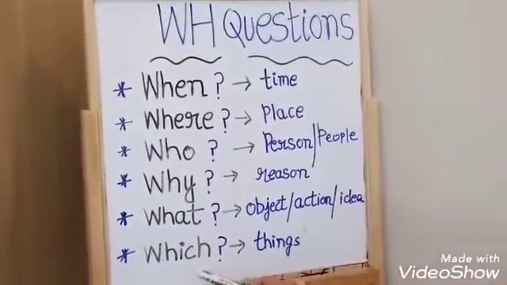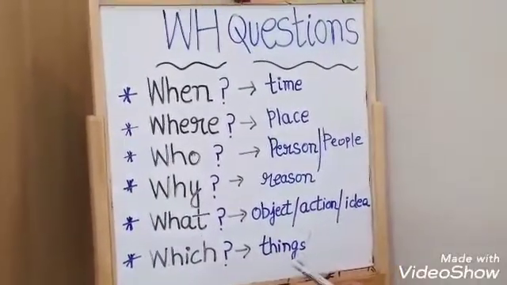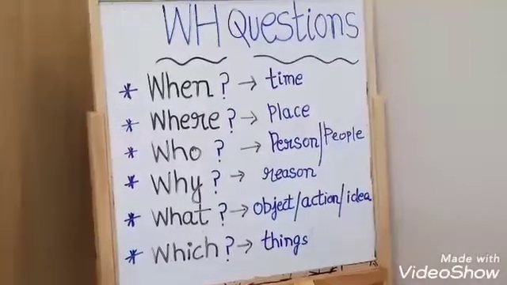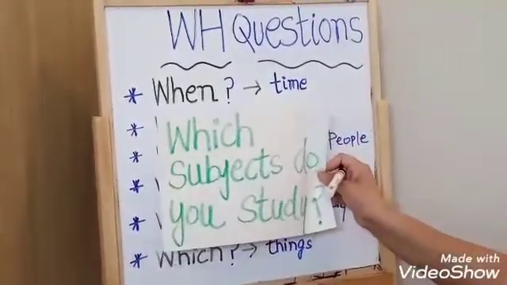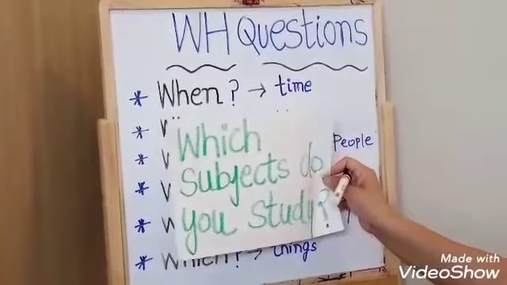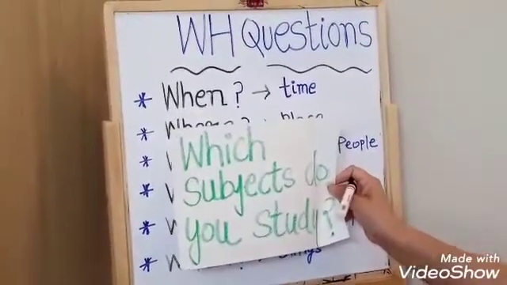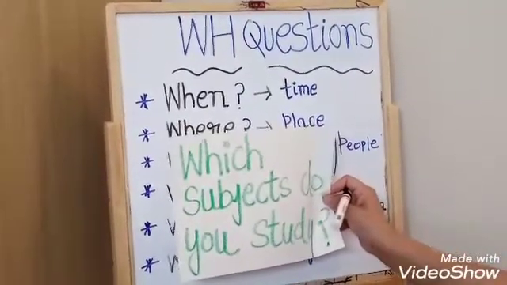Next is which. This question talks about things in particular. Like, which subjects do you study? So these are things. So you need to mention the subjects that you study, what all you have, like your EVS, math, English.